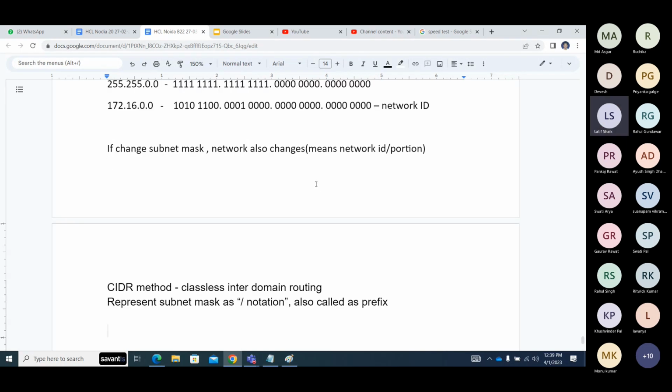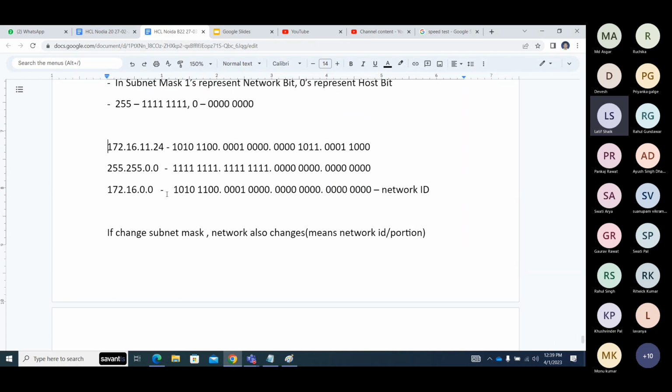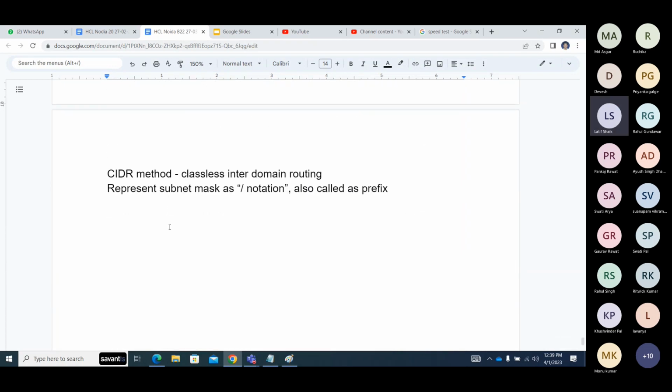For example, if you see this IP address 172.16.11.24, what is the subnet mask? 255.255.0.0. The same thing I can write like this: the same IP address with /16. So this is called the CIDR method. It represents /16 as a prefix.